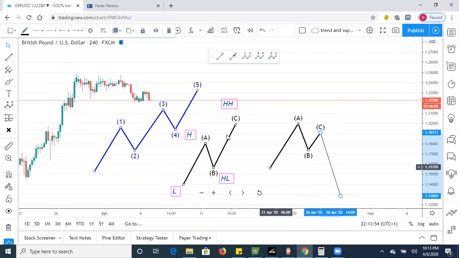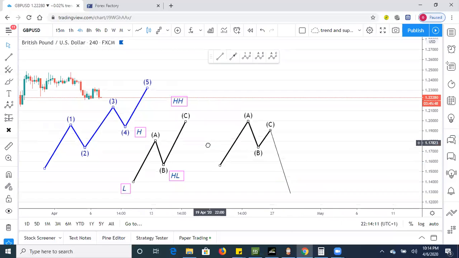So for an uptrend to be established, you need to have two consecutive lows and two consecutive highs. A low, a high, a higher low, a higher high. Then and only then could you say that price is in an upward trend.